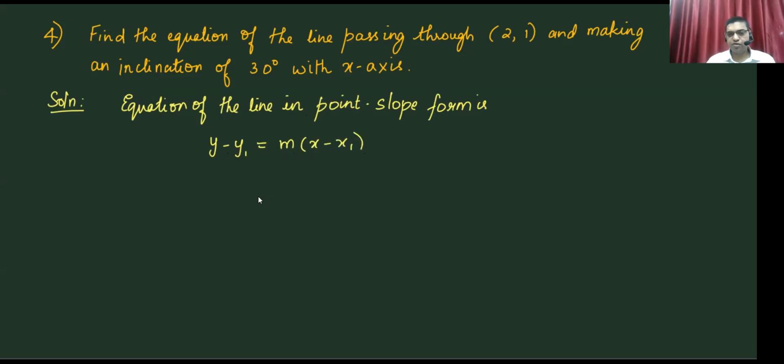This is point slope form. That's why all the 7 equations you should know thoroughly, and you have to do a number of problems. You will be able to relate which problem, which form we have to use. But if you don't remember the forms, you will get confused which form to use.